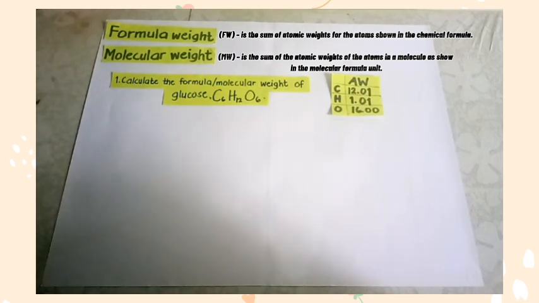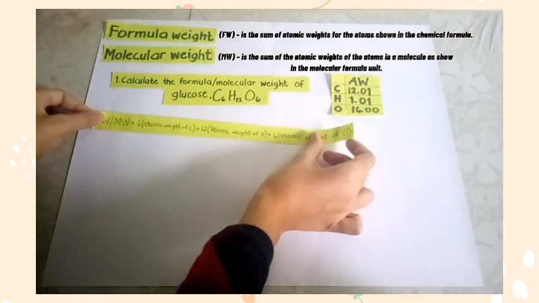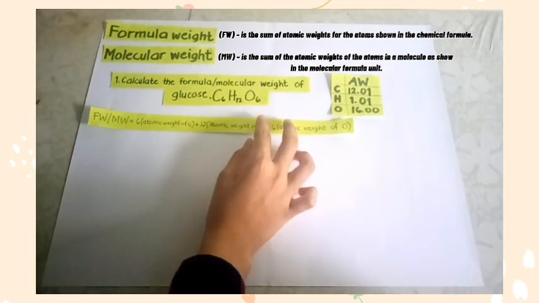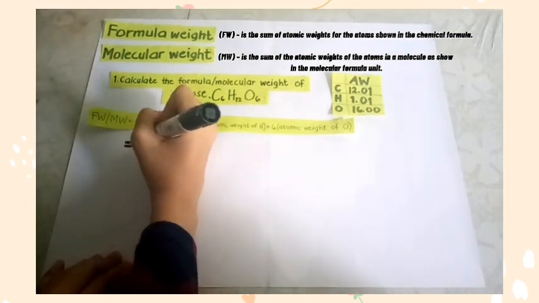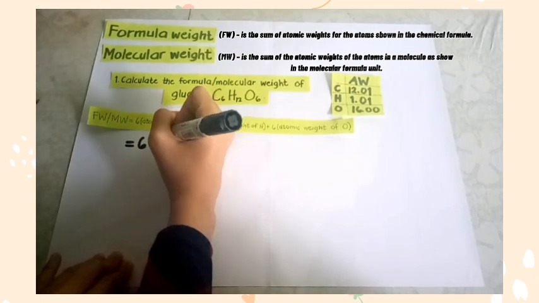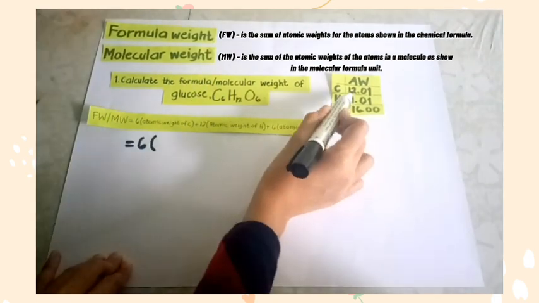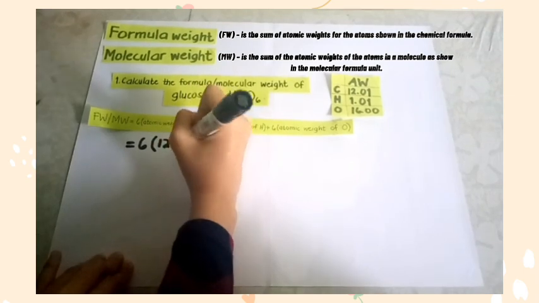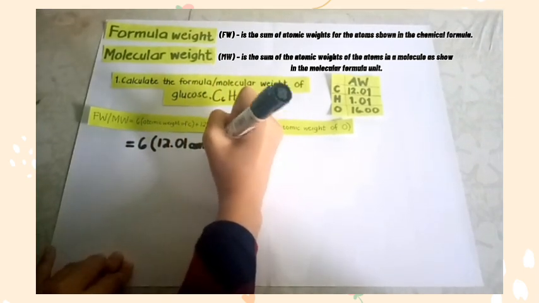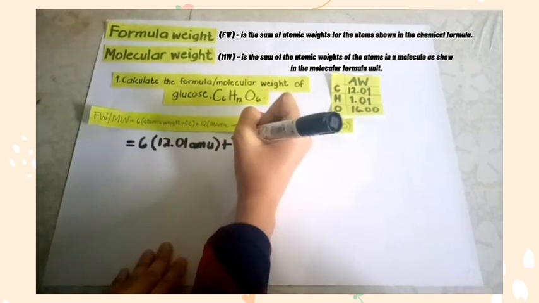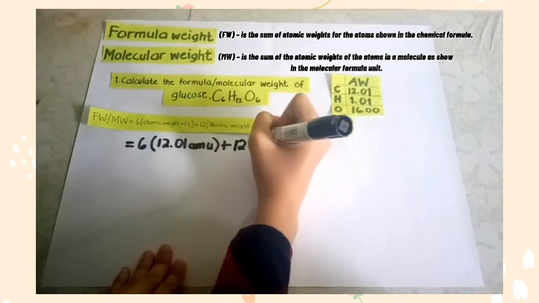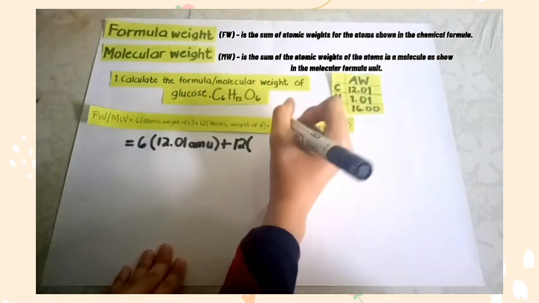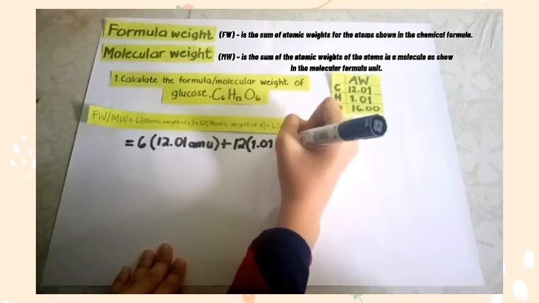Next, we are going to multiply the atomic weight of each of the elements in a compound by their corresponding number of atoms respectively. In glucose, we have 6 atoms of carbon times its atomic weight, which is 12.01 atomic mass units, plus the number of atoms of hydrogen, which is 12, times its atomic weight, which is 1.01 atomic mass units.